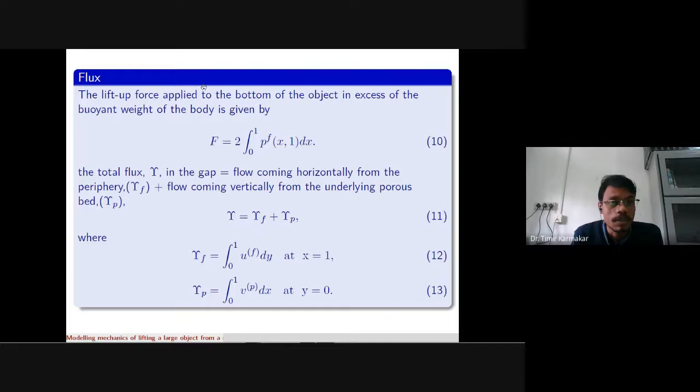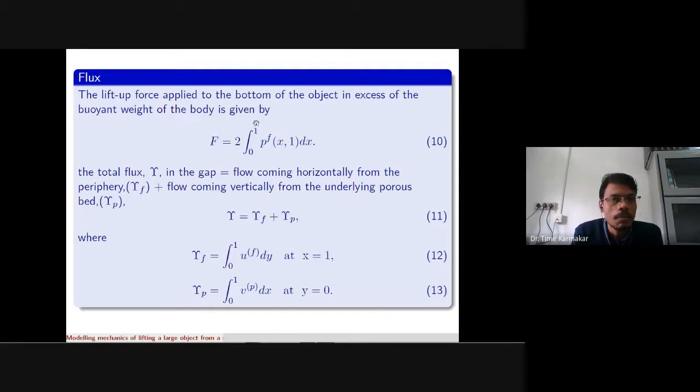The suction force or the lift up force is nothing but the force applied to the bottom of the object in excess of the buoyant weight of the body. In excess means we assume that the weight of the object is automatically balanced by the buoyancy force, so we don't have to bother about the weight of the object.